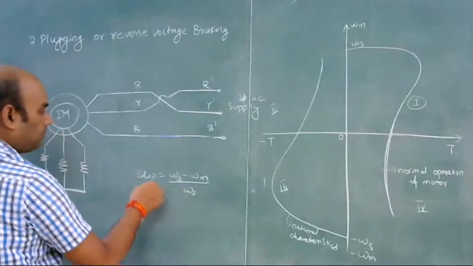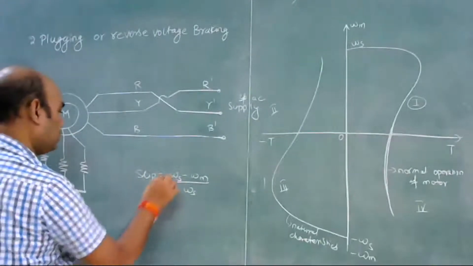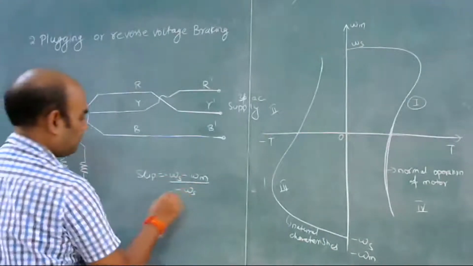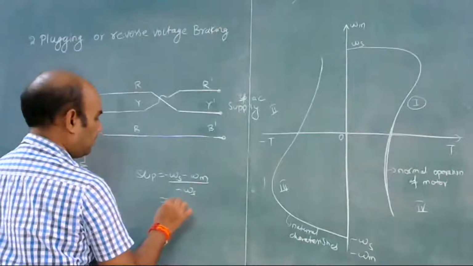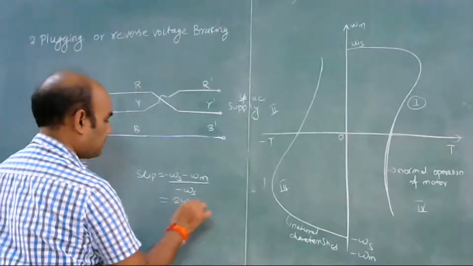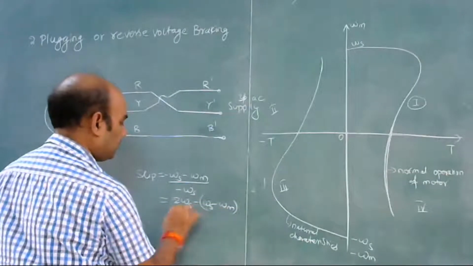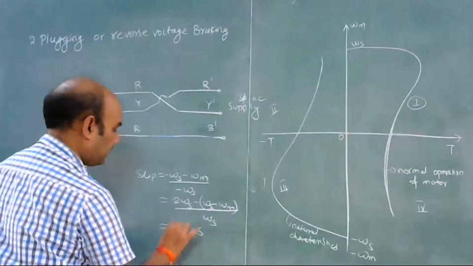Now slip becomes negative, so speed is also negative, so this is minus omega s. This can be written as (2 omega s minus omega s minus omega m) divided by omega s. This will be equal to 2 minus s.